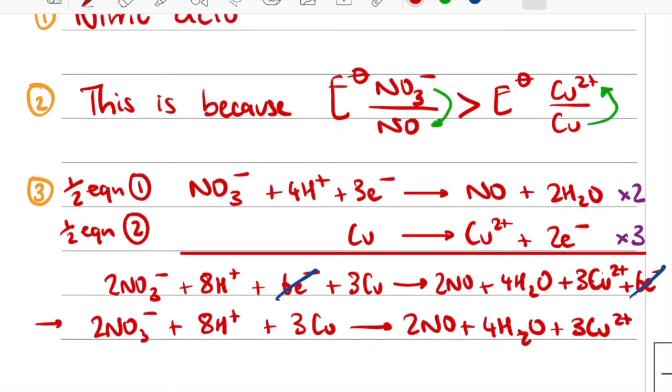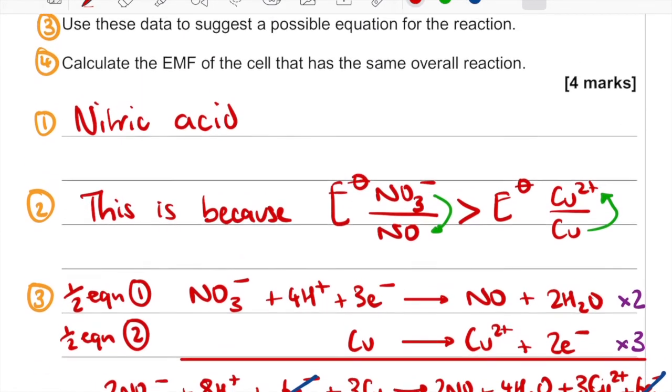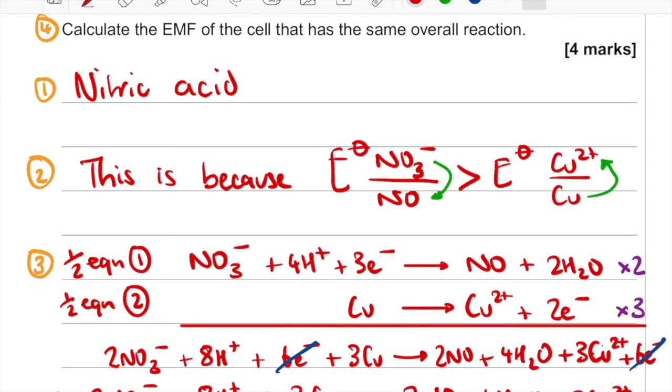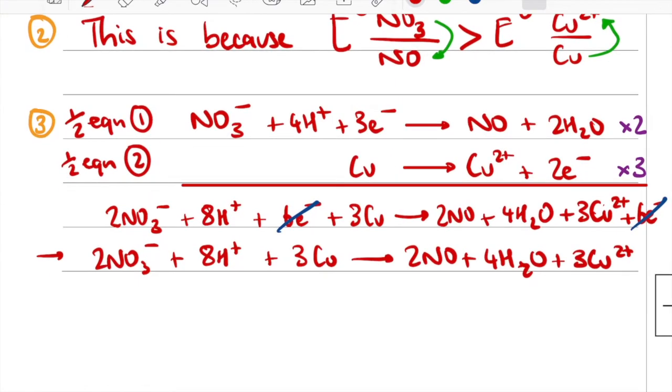Okay, not quite finished. The final question asked us to calculate the EMF of the cell that has the same overall reaction. So let's just make it clear that we're answering that fourth question. So we have got E total equals E right minus E left. And E right is the more positive of the two.